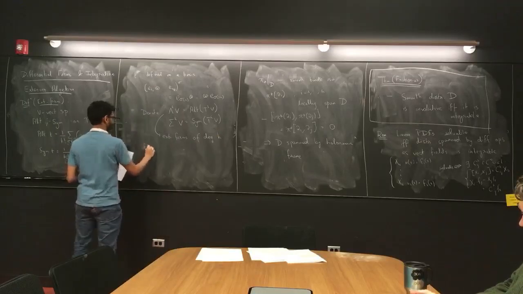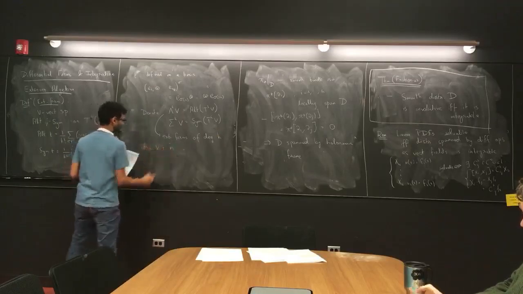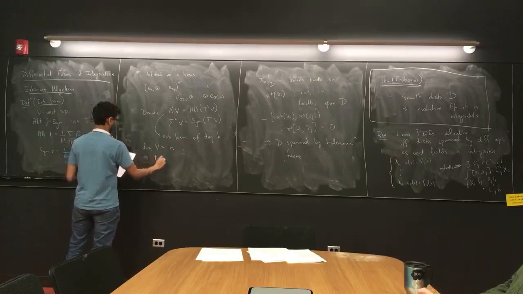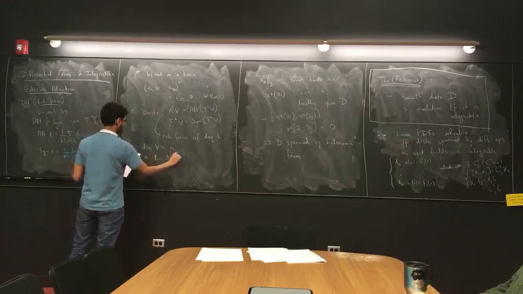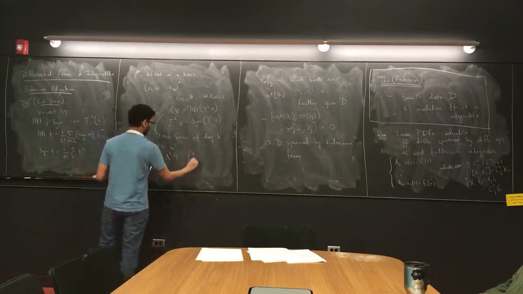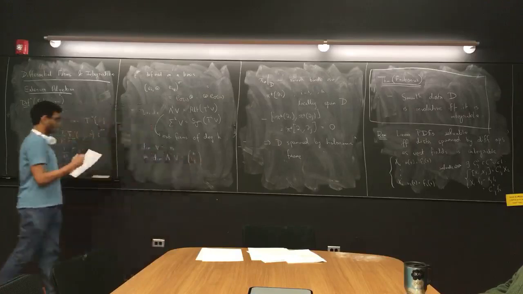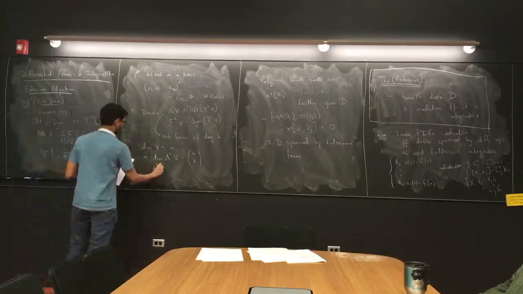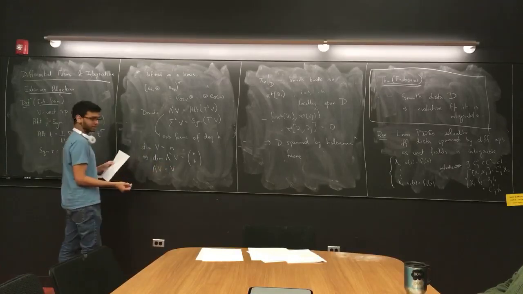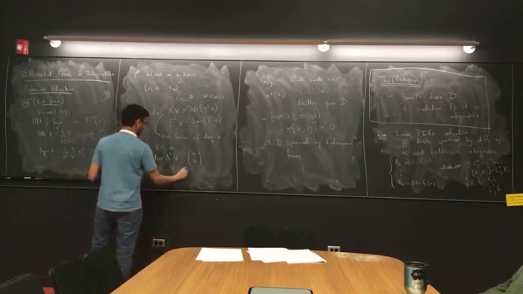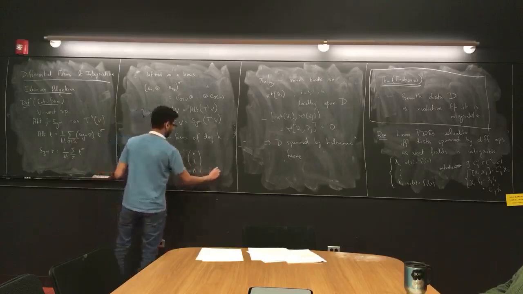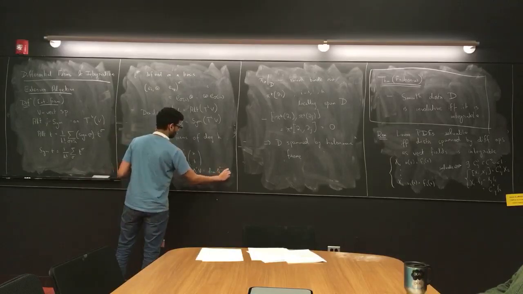Furthermore, if the dimension of V is equal to n, then the dimension of Lambda^k V is going to be n choose k. In particular, Lambda^1 V is nothing but V itself, and the dimension of Lambda^0 V is equal to the dimension of Lambda^n V, which is 1.